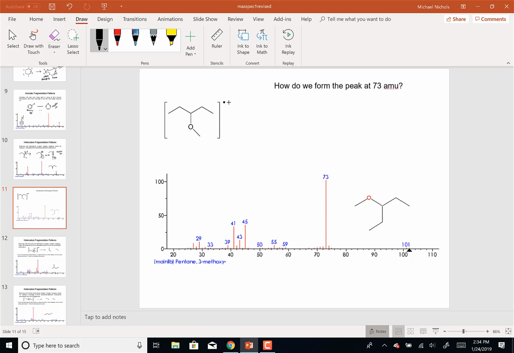Now, again, what's the alpha carbon? Well, it's going to be the carbon attached to the carbon attached. In other words, you've got to break a bond to put the plus charge on the carbon next to the other. So my question is, where are you going to cleave that molecule to get a peak at 73?